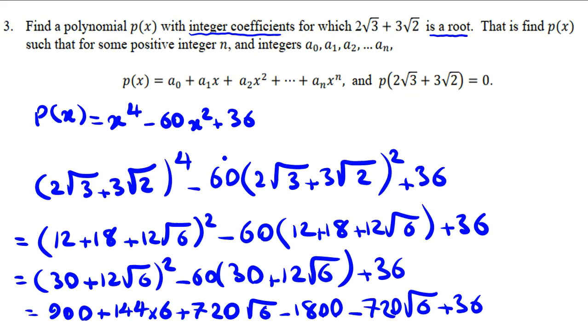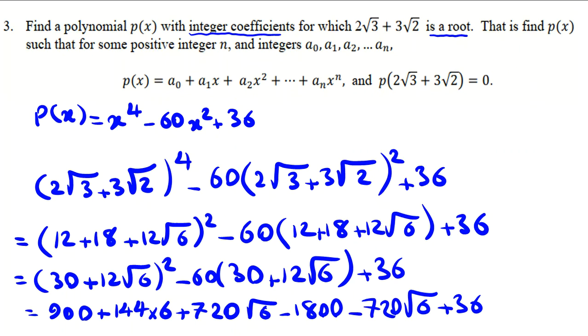As you saw, this polynomial works, and we found one polynomial, and the problem wants us to find a polynomial. It doesn't ask how we reach it, but you should know how to reach it to answer this problem.